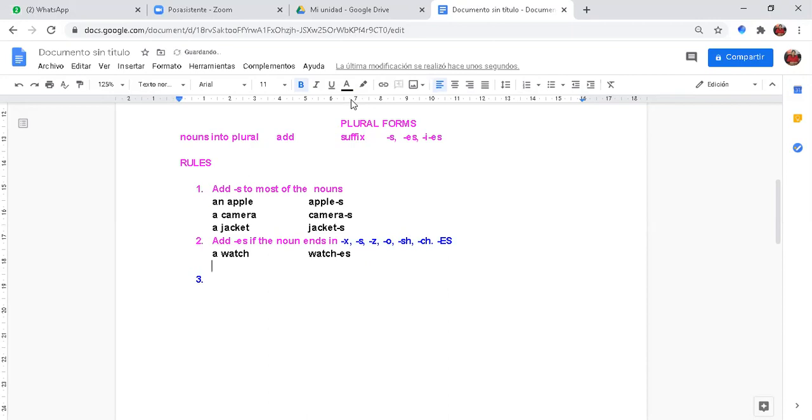Example: a box; plural, boxes. Example: a potato; plural, potatoes.